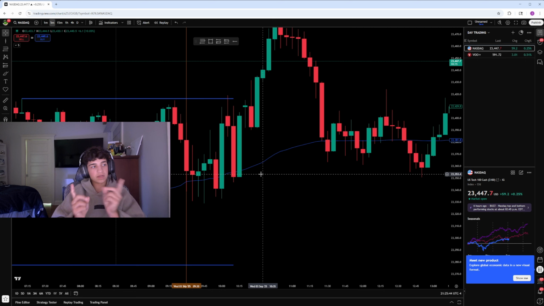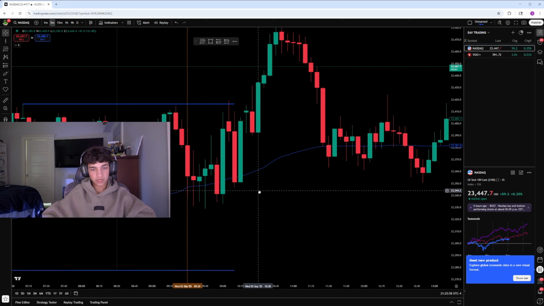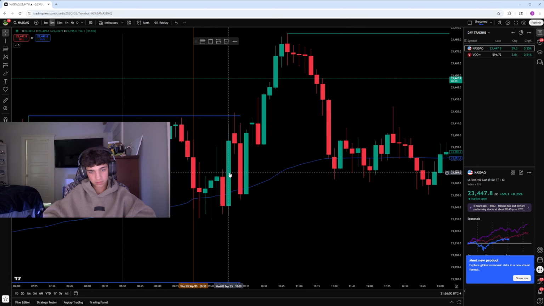Bullish candles, you can think bull horns go up, right? And bearish candles go down because a bear will claw down. So bear claws down, down candles, bull horns go up, bullish candles. So this green candle would be a bullish candle, red one bearish.